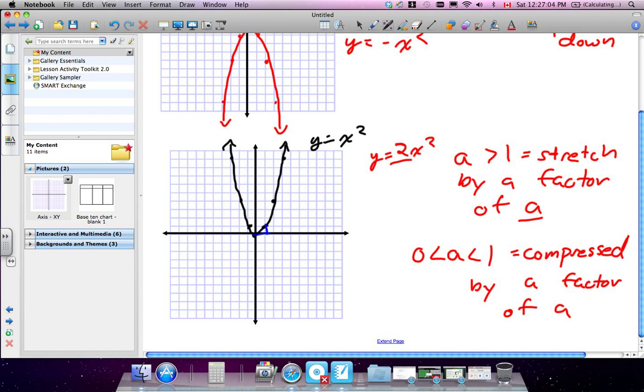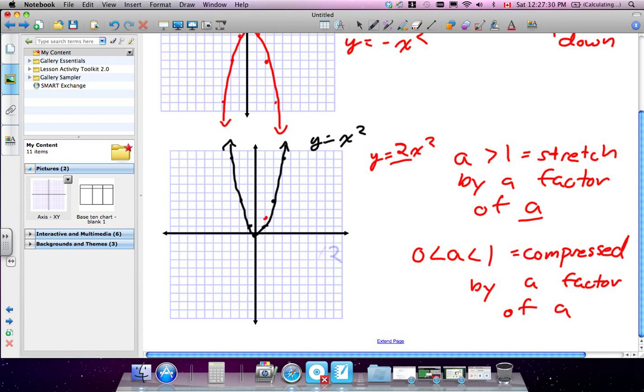Whatever you go up by, you need to multiply by that a now. It's a factor of, so they're saying by a factor of a. Remember we go over 1, and then 1 squared is 1. Now I have to multiply that answer by 2. So I go over 1, up 2.